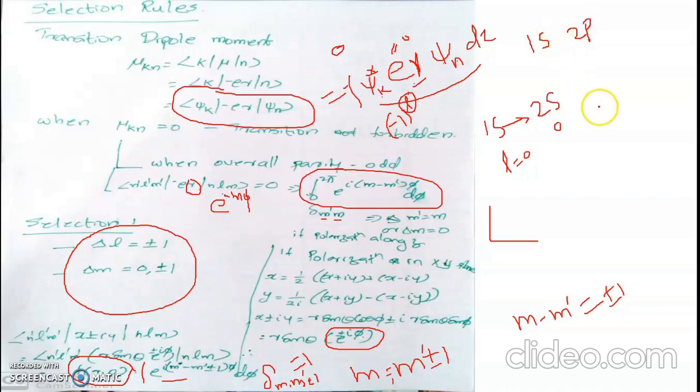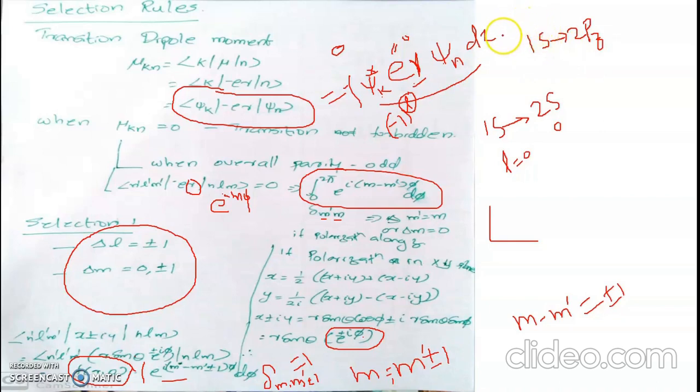Whether this transition is allowed or not: the transition of an electron from the 1s state to the 2p state, 2px or 2py or 2pz, whatever it may be, is permitted or not. Let me take it, say, 2pz for the time being. So I'll have to check the first selection rule.